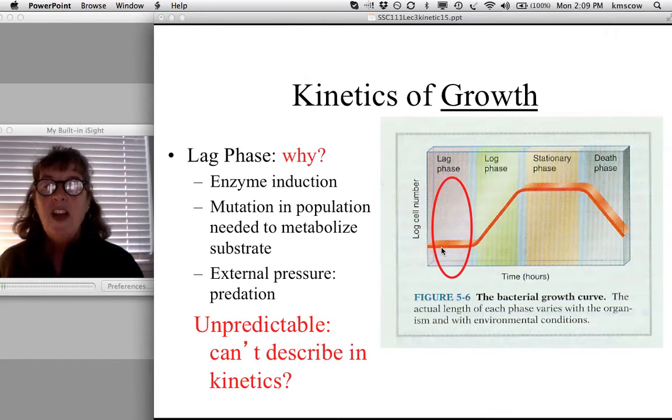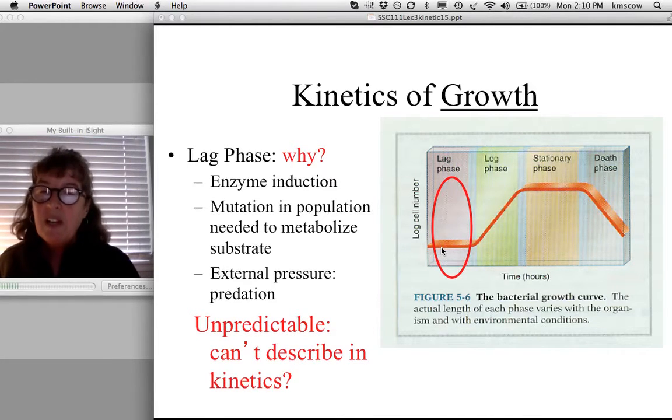You may also find a lag phase because you have nobody in a population who can metabolize the substrate, and they may take some time and undergo some mutations, and you may eventually have some members of the population that can now metabolize the substrate, and then you'll start to see the population grow as a function of that.